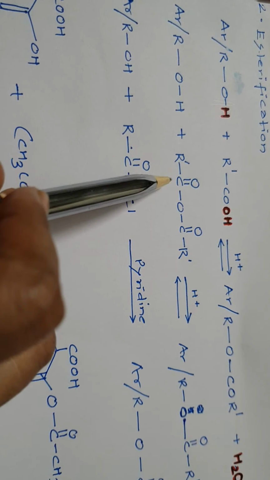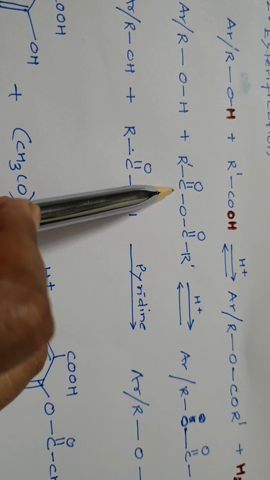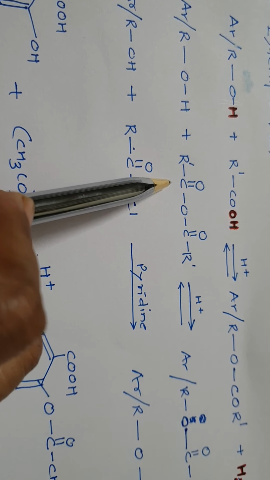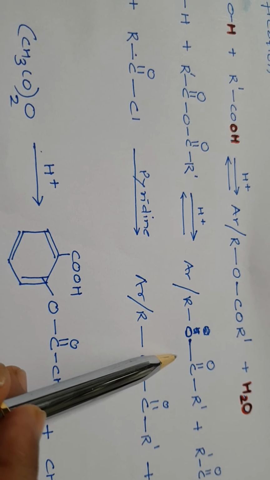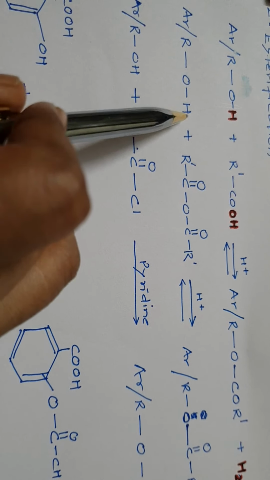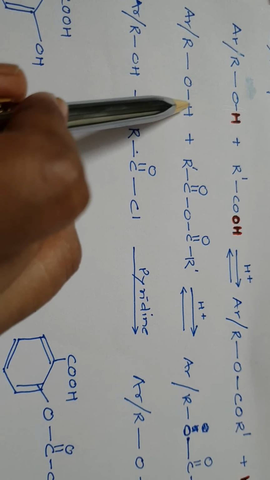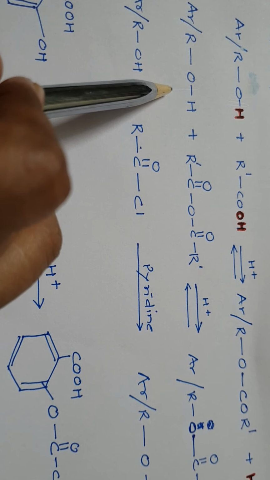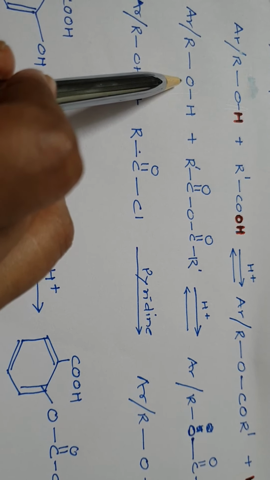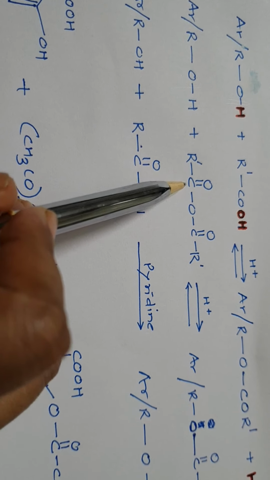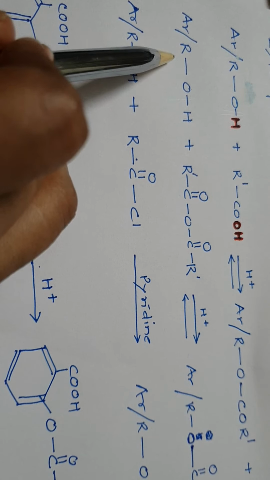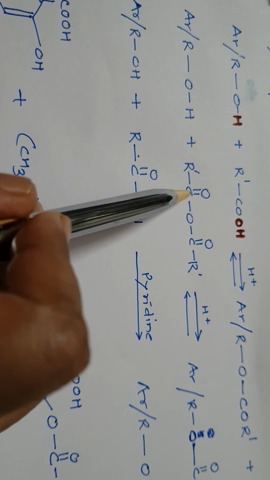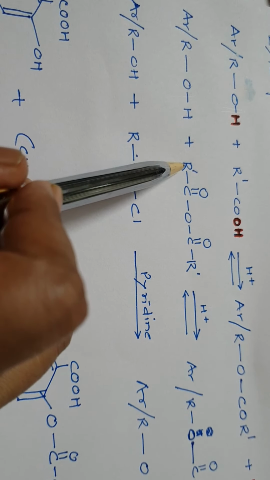Let us see the use of anhydrides. In the case of anhydrides, the ester is formed over here. So, it is the same thing. We have an oxygen hydrogen cleavage which is occurring, and this oxygen binds to the carbon atom over here. Thus, it will form R O C double bond O R dash.